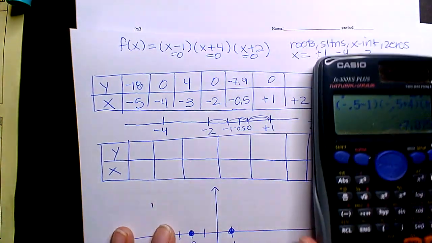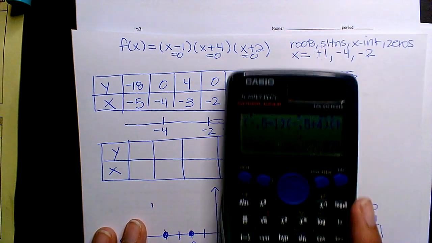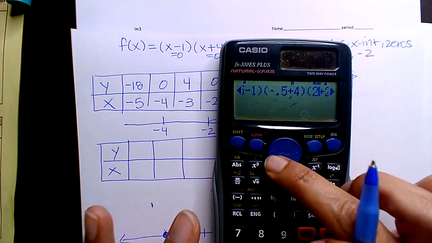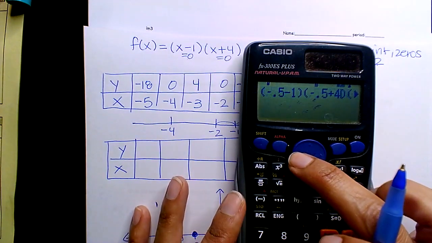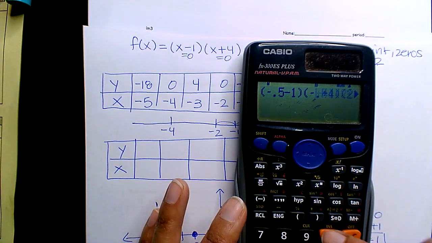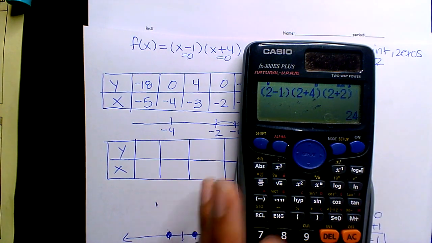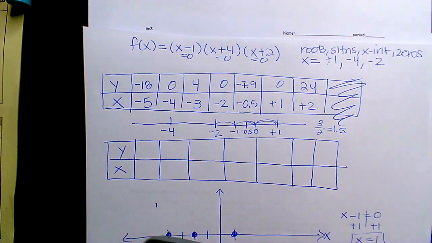Oh, about -8. And then 2. And I get 24. Okay.